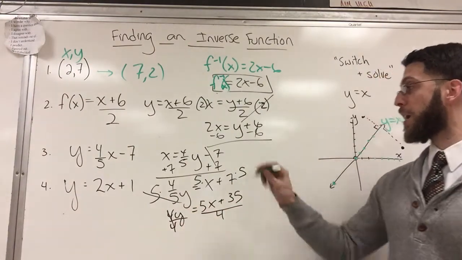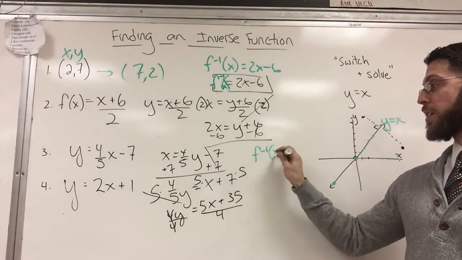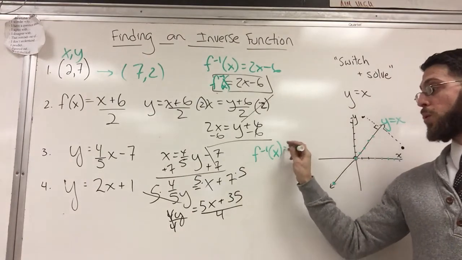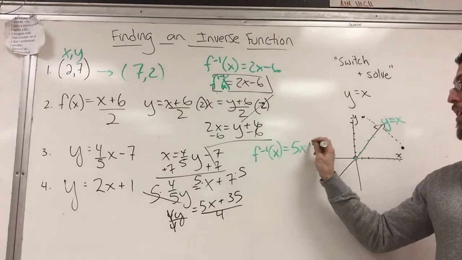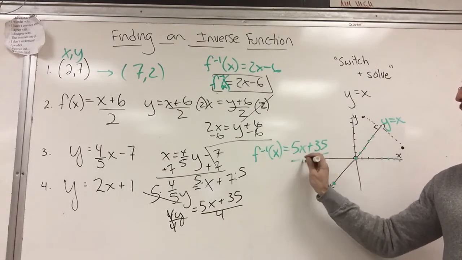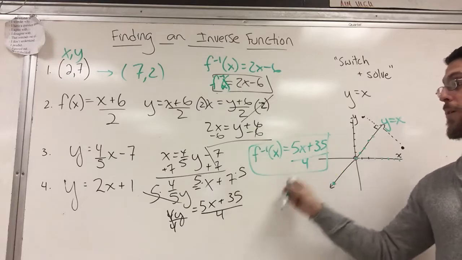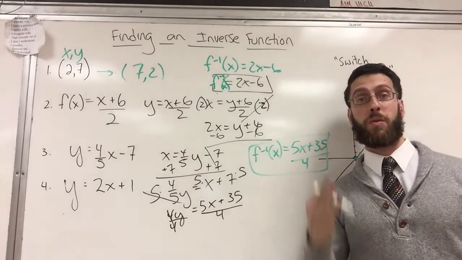So now my f inverse of x is equal to that. And you don't really have to get fancy. You can write it just like that. So there is your answer to number 3.